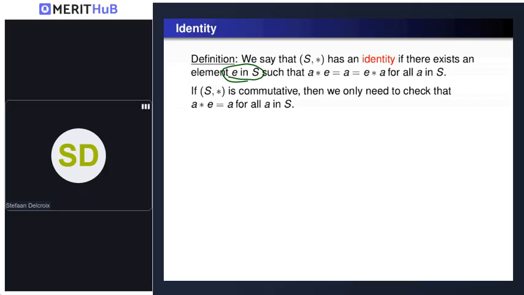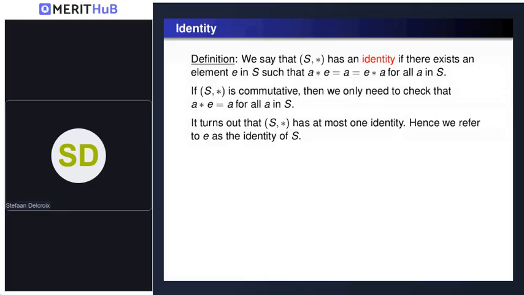Okay, so an element in your set that doesn't do anything. One can prove it's pretty straightforward that a set can have at most one identity. You cannot have more than one. So that's why we sometimes talk about the identity.